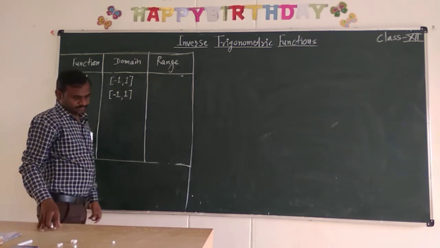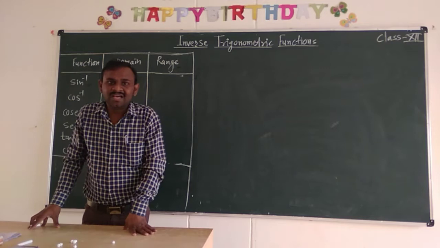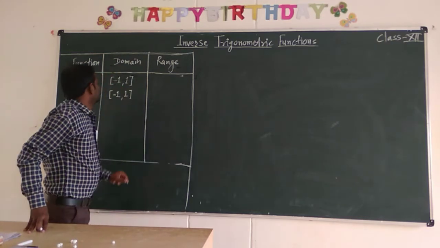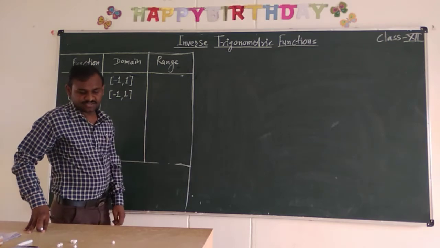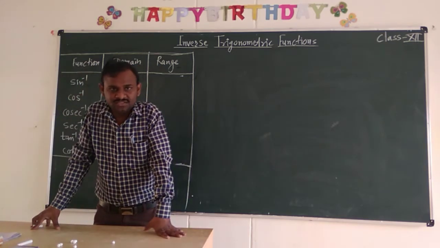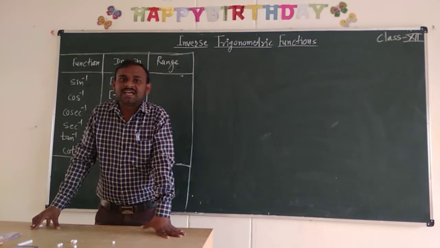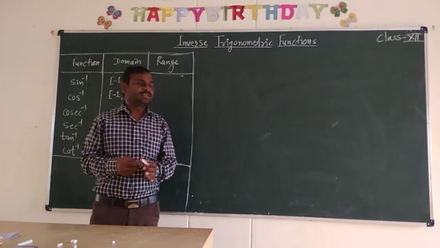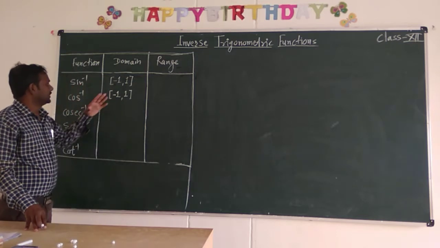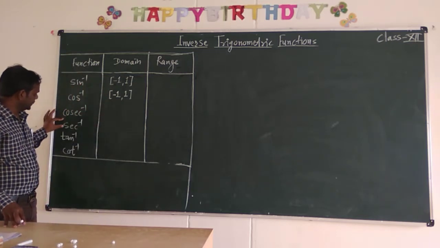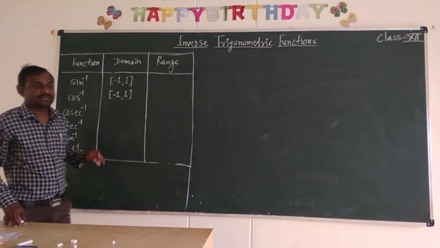Now we remember from the last lecture the range of sine inverse and cos inverse. If you learn the range of sine inverse and cos inverse, then we have to memorize the range of cosec, sec, tan and cot also.